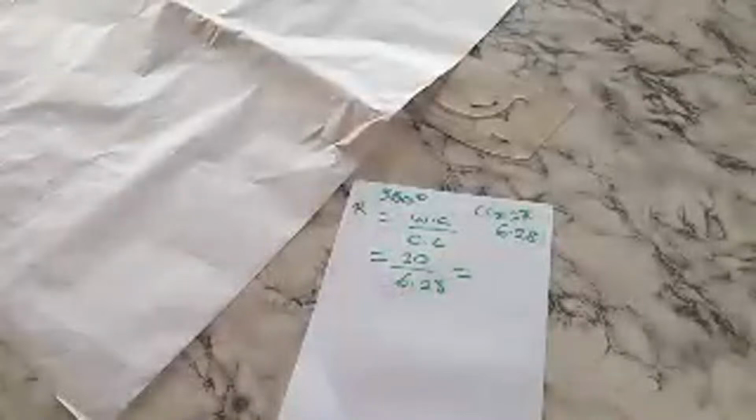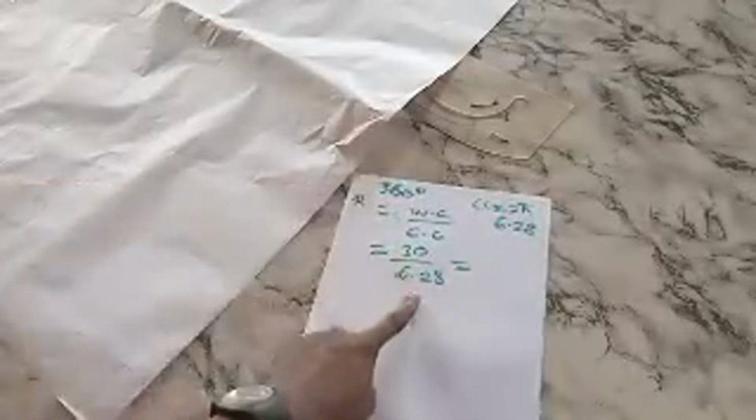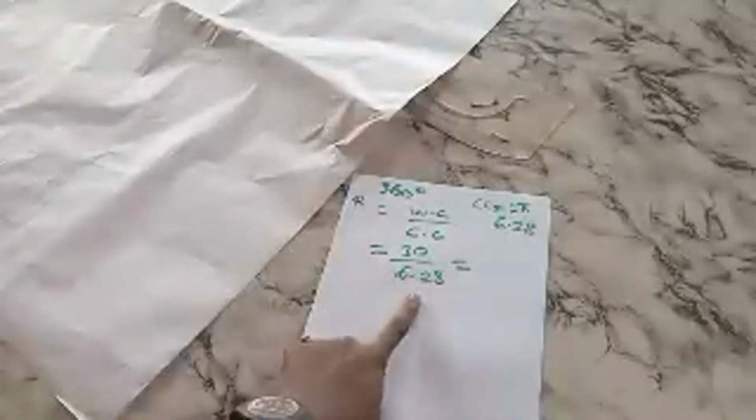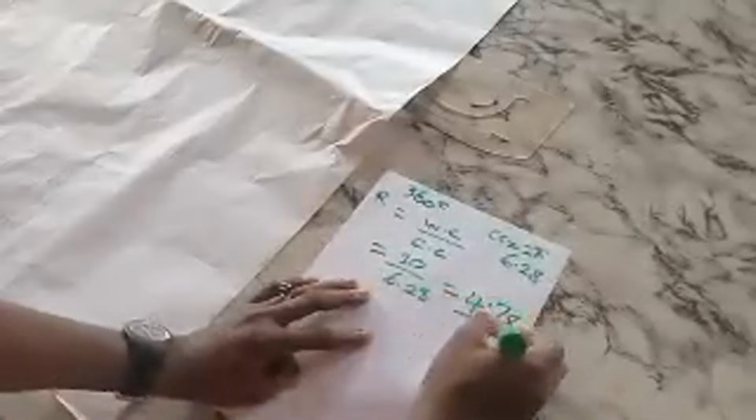So 30 divided by 6.28 is going to give you your full circle. Remember, this is 360 degrees and it is full circle. 30 divided by 6.28 puts me at 4.78. So this is what I'm going to be using to cut my full circle.